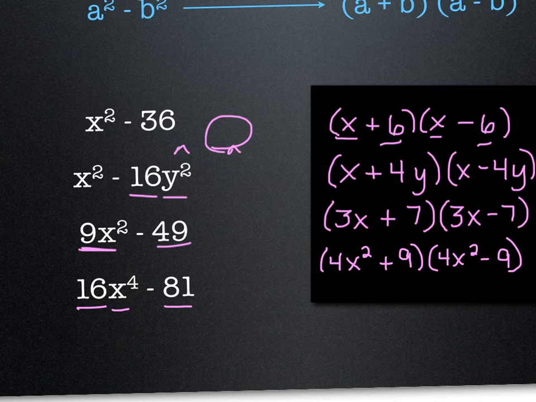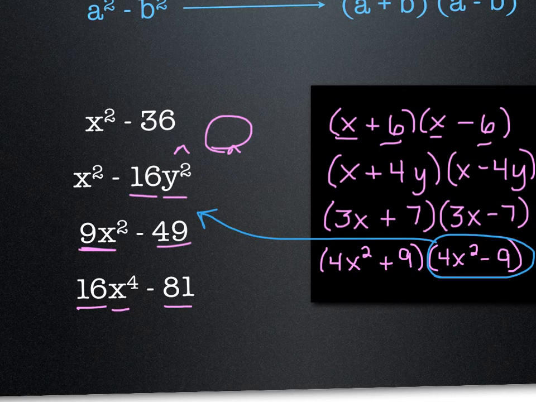Okay, but this is a very unique one, where if you look at the second parenthesis there, the 4x squared minus 9, because 4, x squared, and 9 are all perfect squares, that is another one of these problems. So that 4x squared minus 9 can actually be factored again.